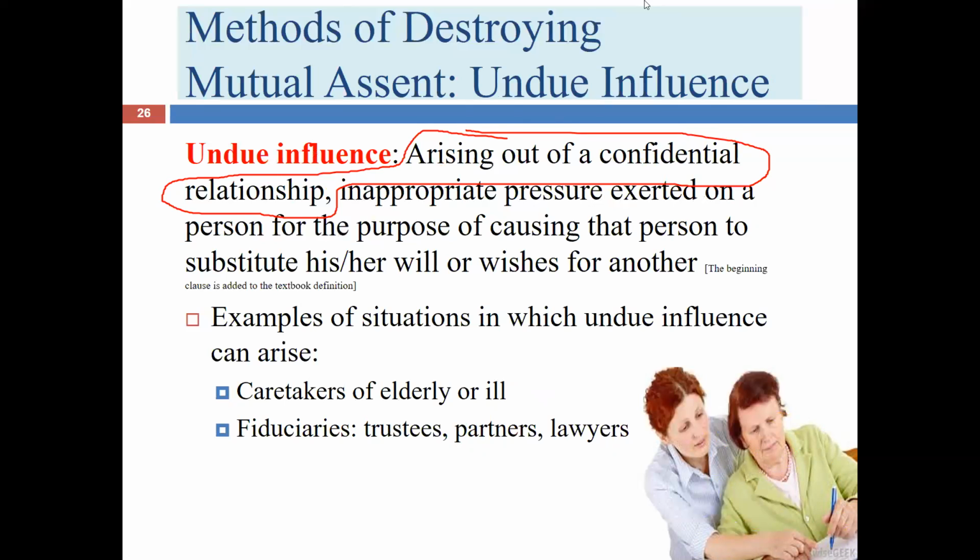So we're talking about undue influence arising out of a confidential relationship: inappropriate pressure exerted on a person for the purpose of causing that person to substitute his or her wishes for another's. Okay, so we're going to call the caregiver A. This is the dominant person.